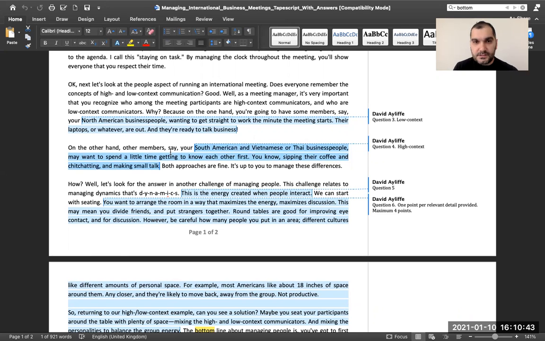But low context communicators are ready, and they have already readied their resources for the meeting. So once the meeting starts, they also get ready to talk business.